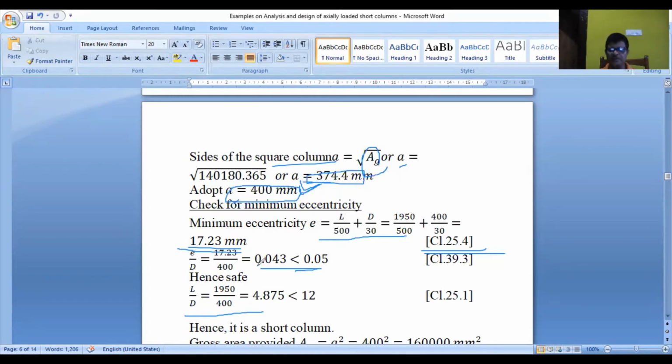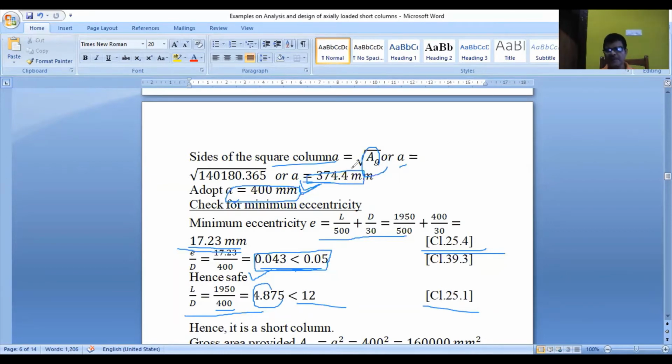So the value is less than this minimum value 0.05. So it satisfies the minimum eccentricity, so it is safe. Now minimum eccentricity criteria is satisfied. Now L by D, and the square column has both sides the same, so it is coming 4.875, less than 12. So as per this clause number 25.1, it will become a short column.